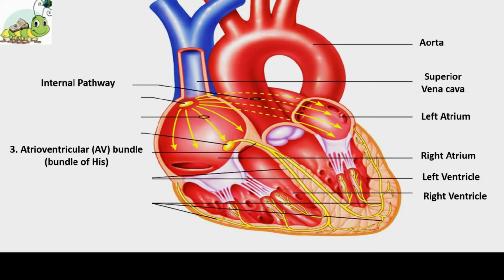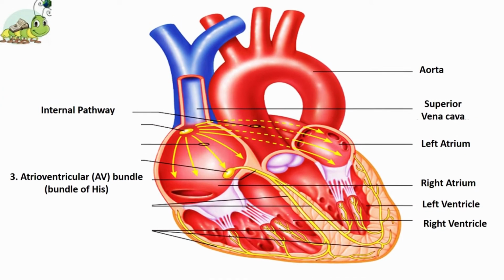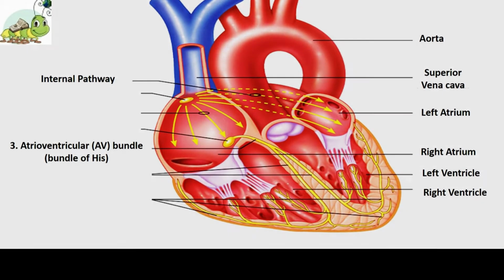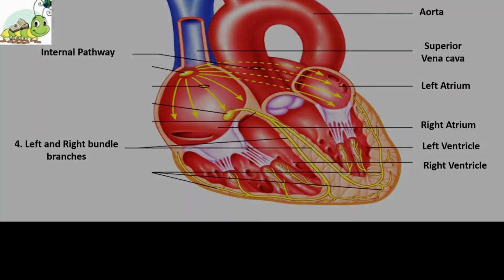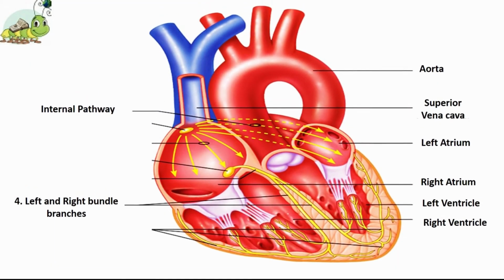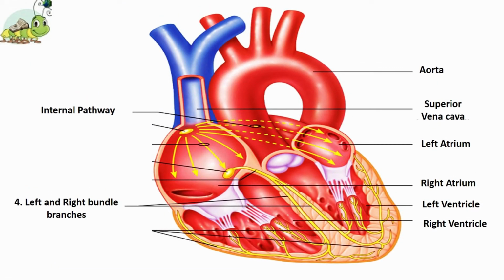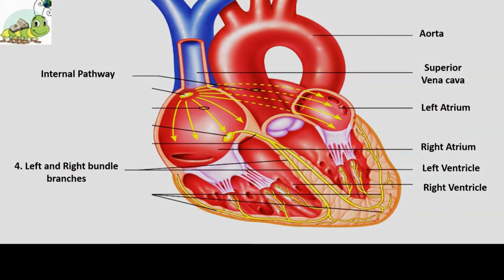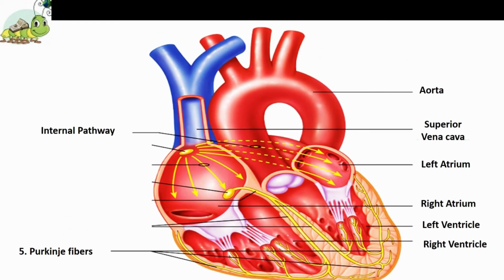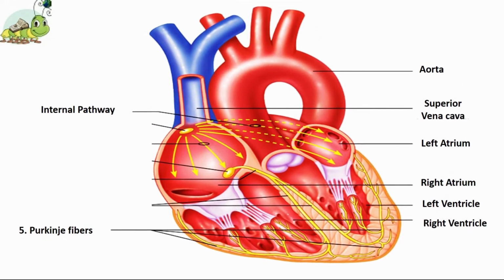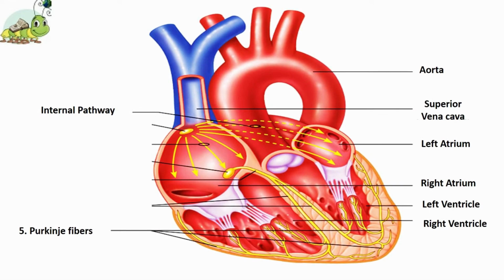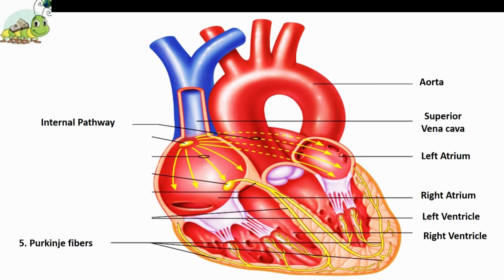The impulse leaves the AV node and travels through the atrioventricular bundle of His in the interventricular septum. The atrioventricular bundle only travels a short distance before splitting into right and left bundle branches. The impulse travels to the myocardial cells of the ventricle by means of an extensive network of conduction fibers called Purkinje fibers.